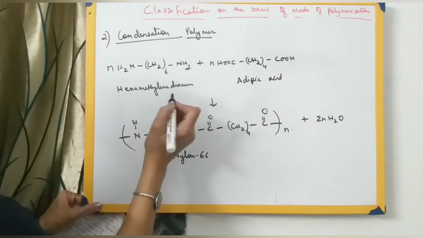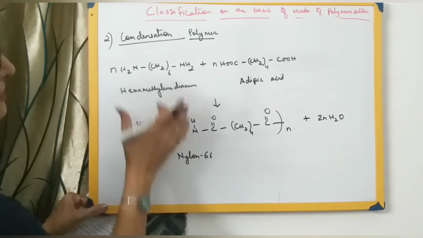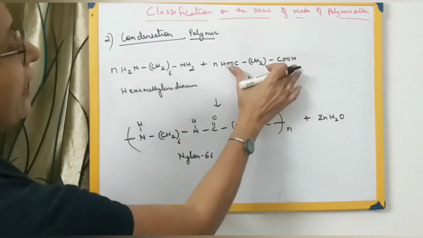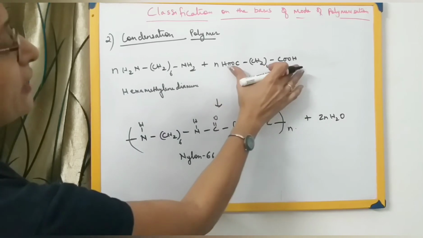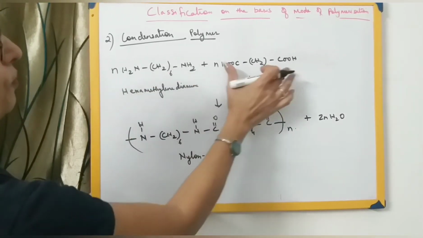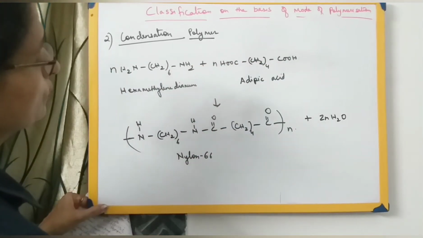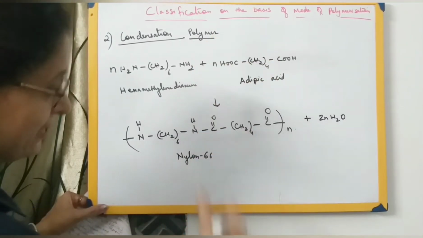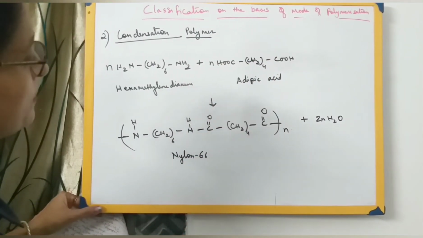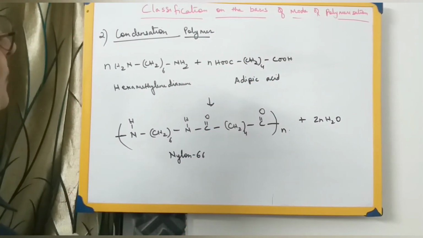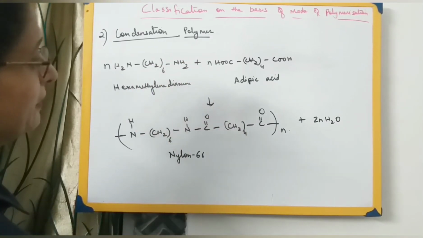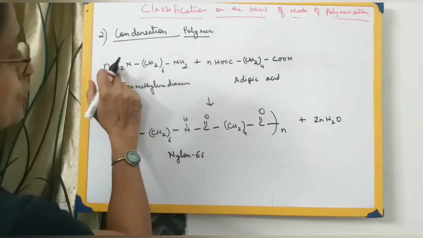So this is the reaction of hexamethylene diamine. This is one monomer. This is adipic acid, another monomer. So two monomers are joining together over here by condensation. Here, water molecules are being lost.